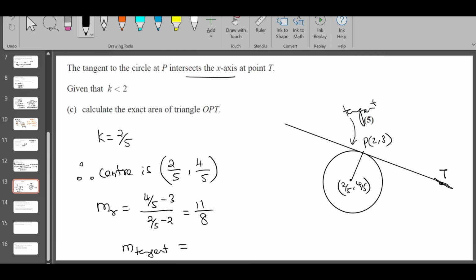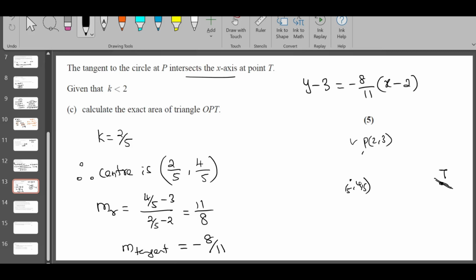So the slope of the tangent will be the negative reciprocal. And it passes through the point (2, 3). So you can write the equation as y minus y1 is equal to slope times (x minus x1). We don't need the equation, we just need the point T where the line intersects the x-axis. If it intersects the x-axis, we need to replace y by 0 straight away.